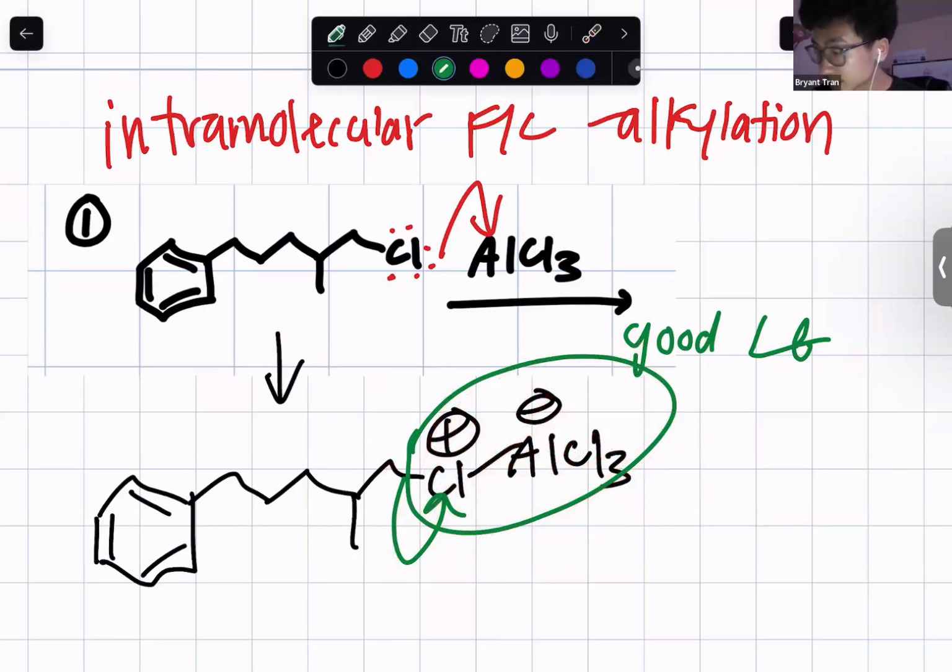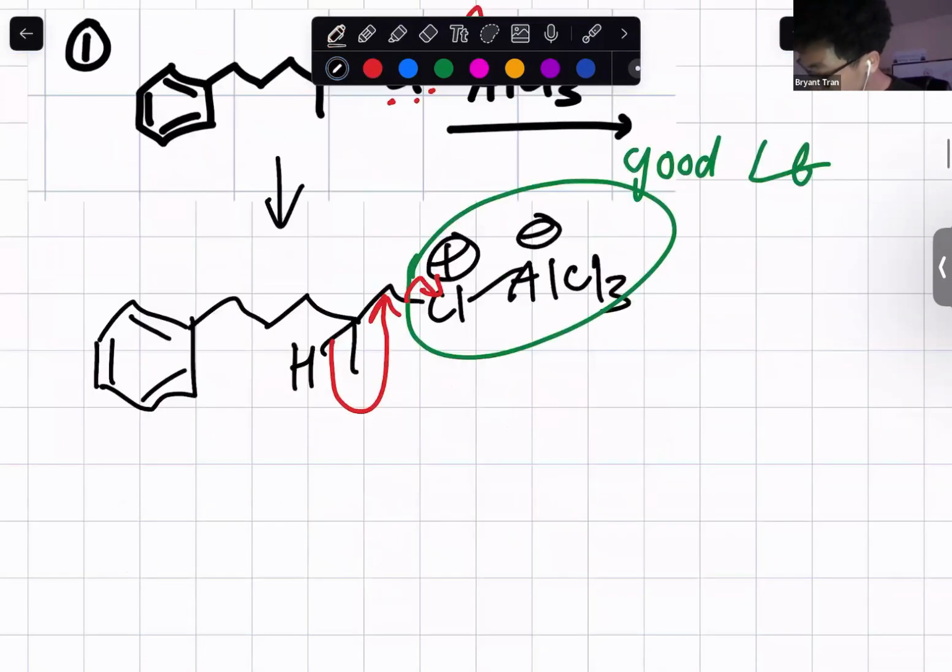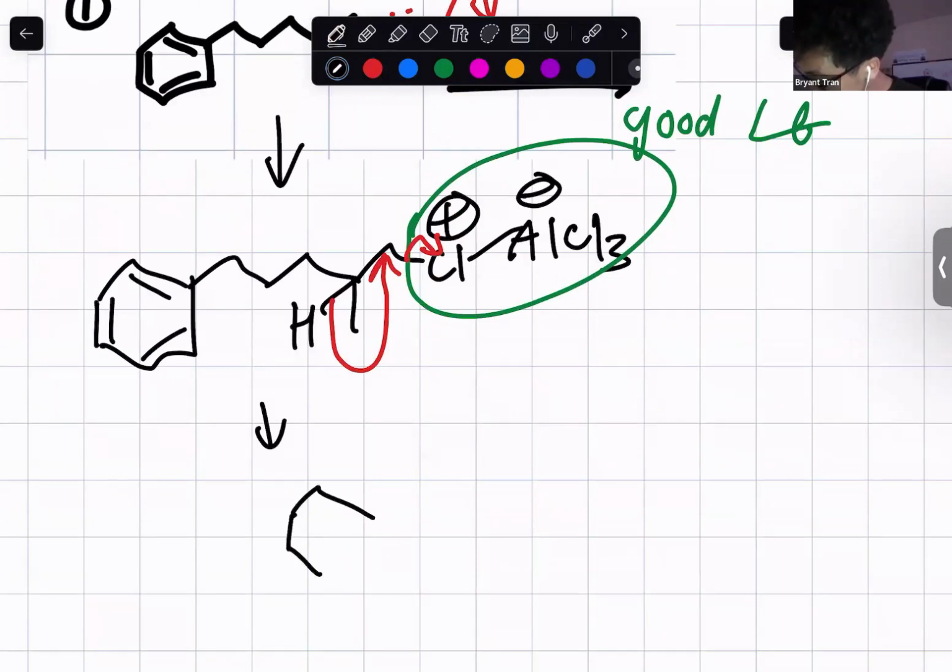But what we can do is a concerted hydride shift. So what we're going to do instead is draw out the hydrogen here explicitly and shift that hydrogen over to this carbon and kick out the leaving group right there to give us this stable tertiary carbocation, right?